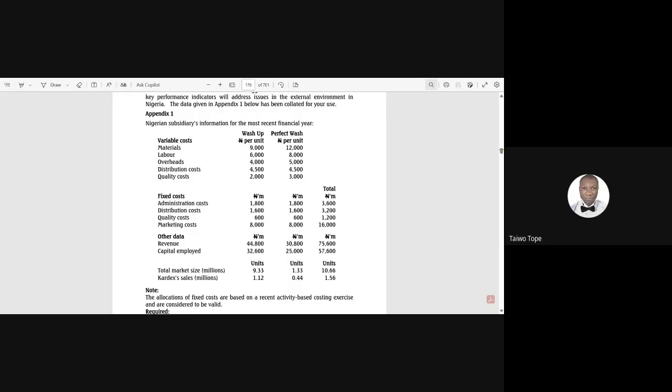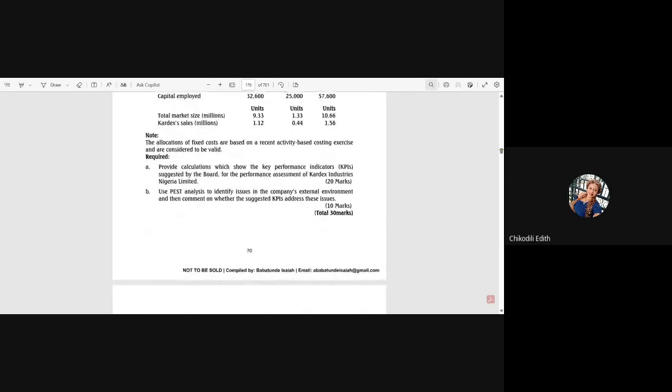So the next thing in the question is PEST analysis. Use PEST analysis to identify issues in the company's external environment and then comment on whether the suggested KPIs address these issues. So what is PEST, first and foremost? You people have more understanding in this aspect than me.